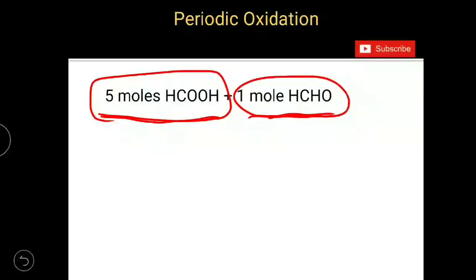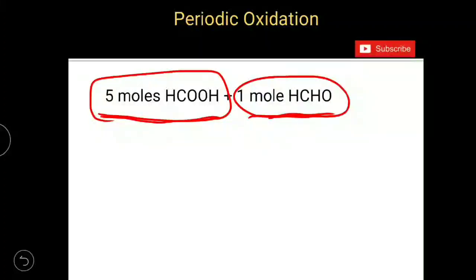Then what is the group we got at the second end? Because every compound should have two ends. So the second end can be aldehyde, because the aldehyde group is also a terminal group, and we know that aldehyde, when it undergoes periodic oxidation, will give you formic acid.